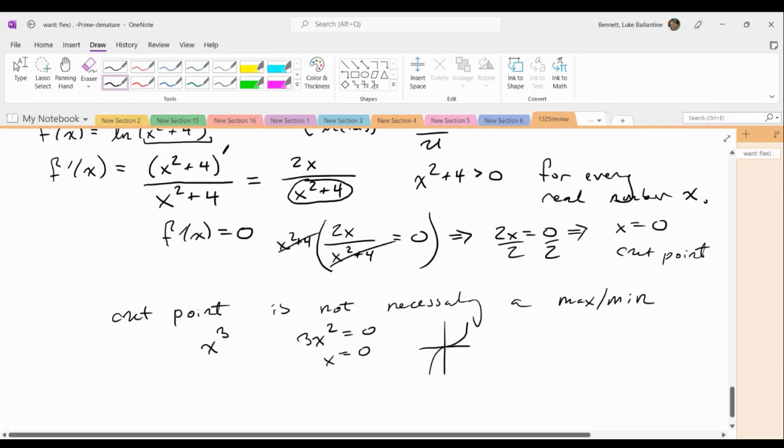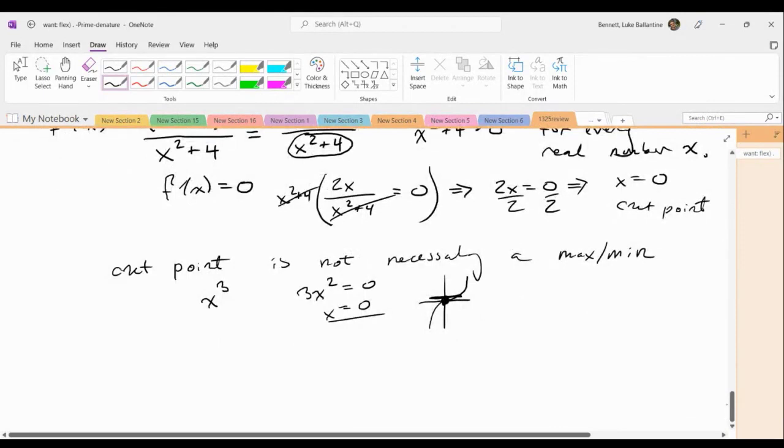So here, we don't have a max or a min, but the derivative is 0. So that's kind of weird, right? You just have to be a critical consumer of critical points. You could get these cut points, and then they don't actually give you a max or a min. You have to look at them before you go ahead and put them as your answer.